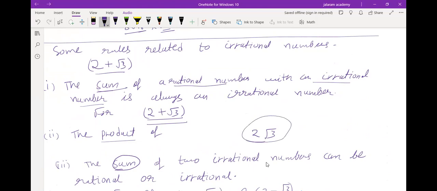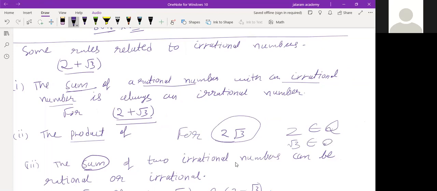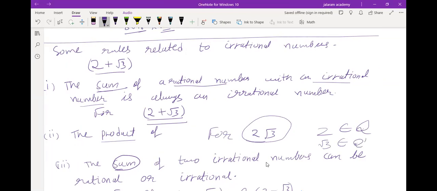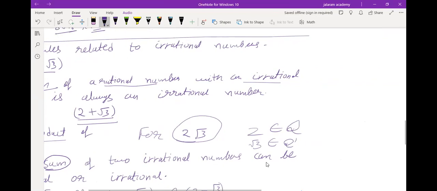For example, 2 root 3. 2 is a rational number, denoted by Q. Root 3 is an irrational number, denoted by Q dash. When we find their product, 2 root 3 belongs to an irrational number. Is that clear to you?